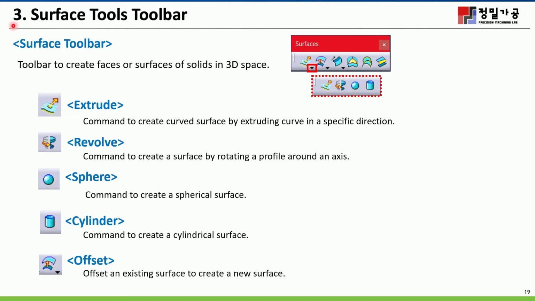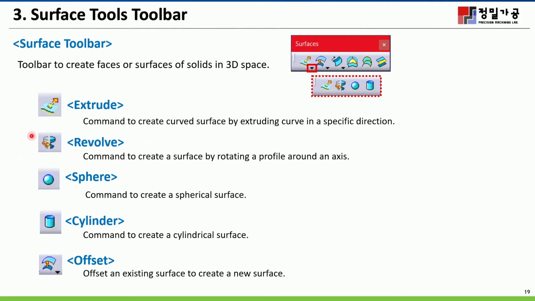Okay, now for the third part, surface toolbars, we will study with easy things. I think it's a requirement for basic surface modeling. I will teach you with extrude, of course, to extrude a curve based on the direction. And also there is revolve, as in solid modeling.